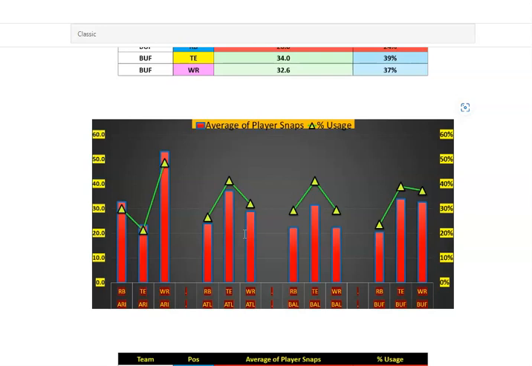So here's Arizona, Atlanta, Baltimore, Buffalo. Notice that Atlanta and Baltimore look like the same team as far as usage, which is completely different than Arizona, which is different than Buffalo. Certainly, Buffalo has done quite well in what it's doing.